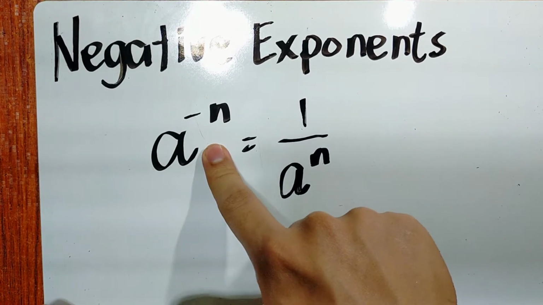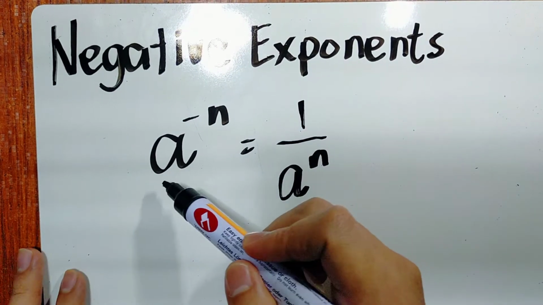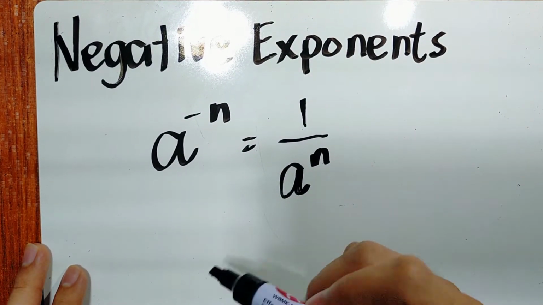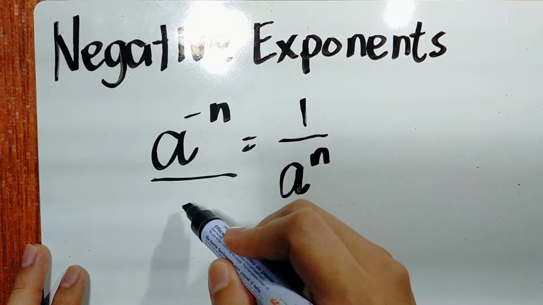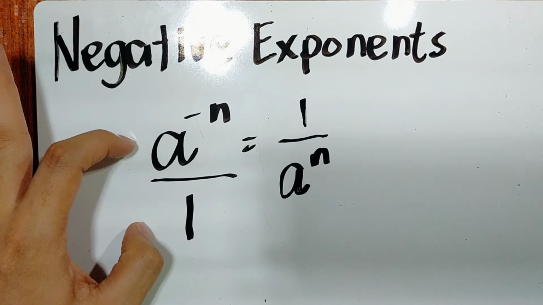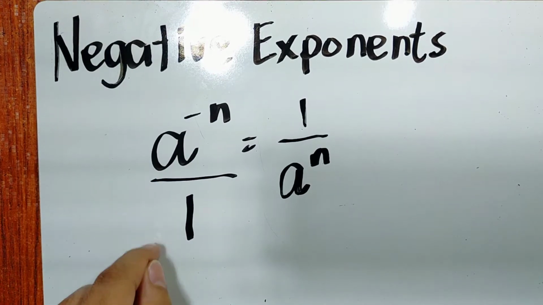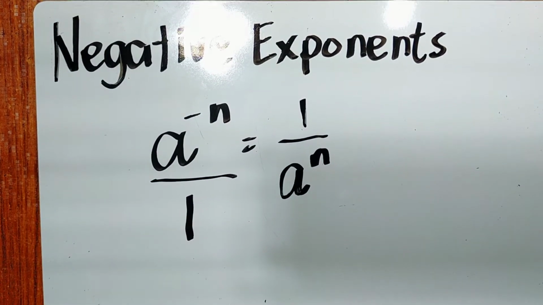Okay? So, since a raised to negative n having a denominator of 1, diba? Kasi, always naman may na denominator na 1. Invisible nga lang. Hindi na natin kailangan ilagay. Okay? So, since ito yung given natin, a raised to negative n over 1. Nilagay ko yung over 1 para mas makita ninyo.